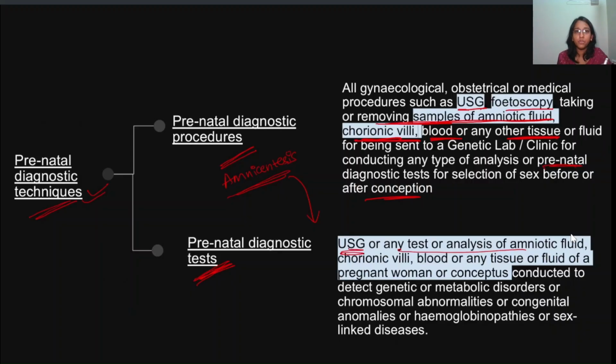So that is the difference between procedure and a test. Simple English. So these procedures, nothing but they give some samples and those are tested in the genetic laboratory. So procedures are different from tests and both of them are included in the techniques.